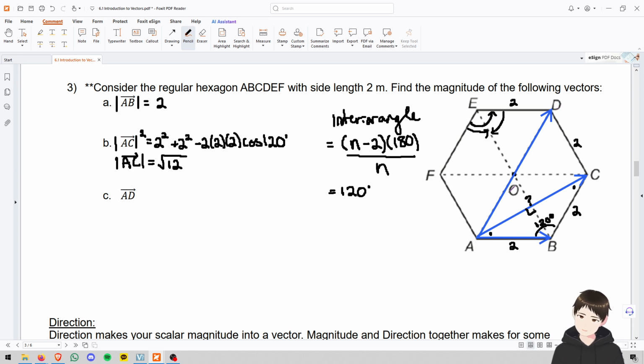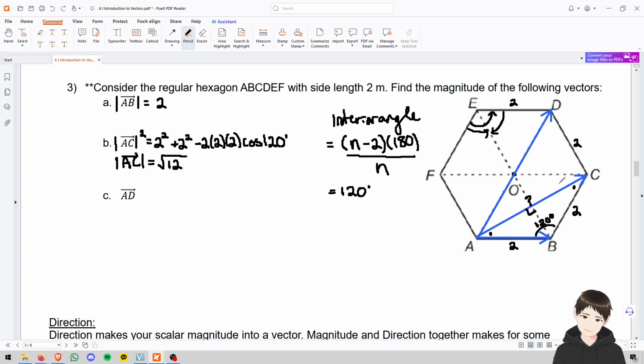Now we get to AD. Oof. What can we do about it? Well, I'm actually going to cheat. I'm going to use AC, this line right here, and CD, right there, will create a 90-degree angle. So I'm going to use that and just use Pythagorean theorem.